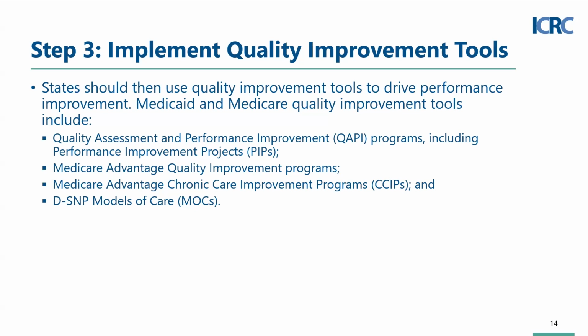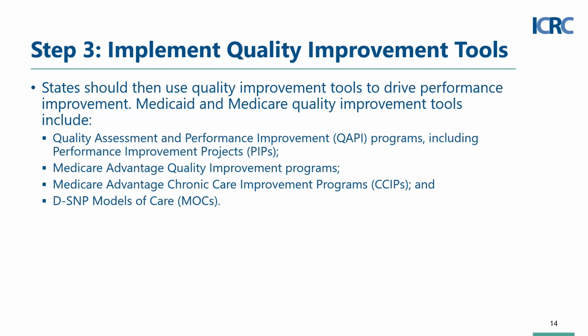States can also use Medicare quality improvement tools to drive quality improvement. These tools include Medicare Advantage quality improvement programs, as well as Medicare Advantage chronic care improvement programs, also known as CCIPs. Chronic care improvement programs promote effective chronic disease management and the improvement of care and health outcomes for enrollees with chronic conditions.